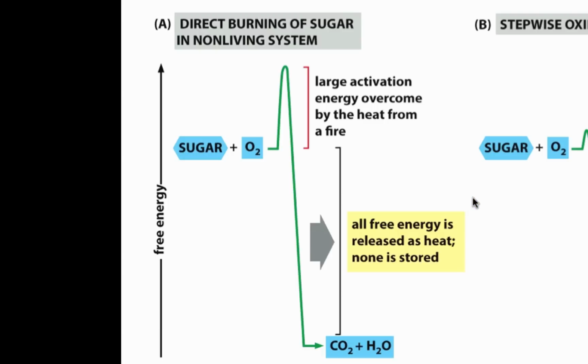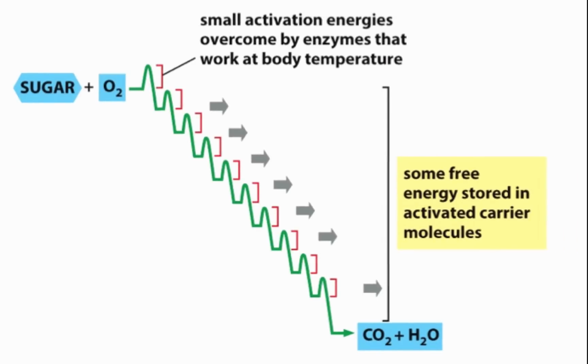That would be a great waste for a cell, if this were the way that the cell harvests the energy. So in order to harvest the energy of all the carbon bonds, the cell uses enzymes, and it has broken the process into discrete small reactions with much smaller activation energies that can be overcome by those enzymes.